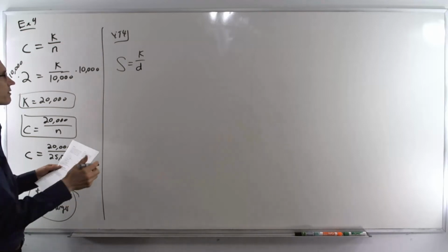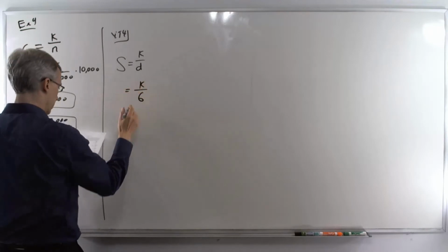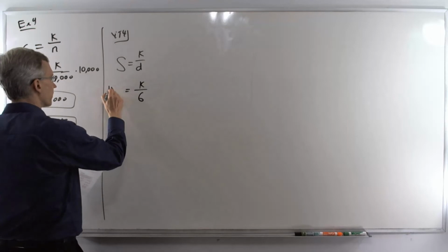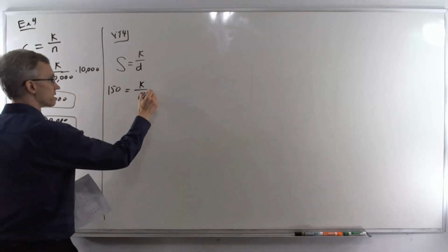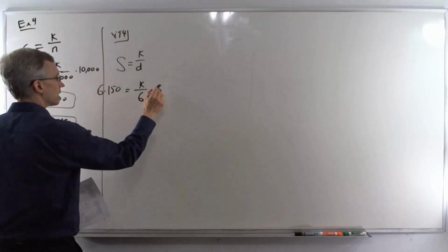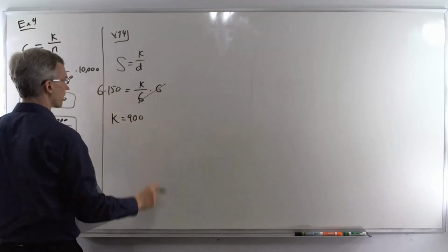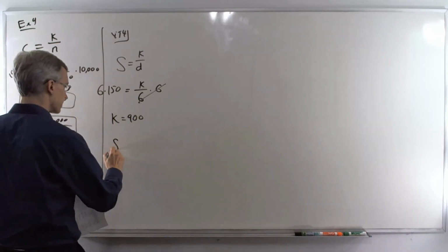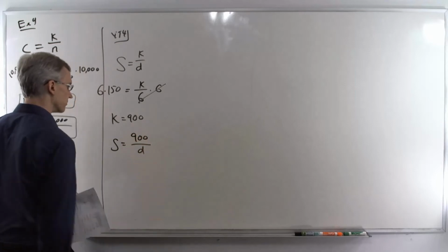All right, we've got a diameter of 6 inches, so that's going to go in for D. And the pulley turns at, the speed, S, is 150. All right, now we'll solve this by multiplying both sides by 6. That gets rid of those. So we've got a constant of variation of 900. So our equation becomes S equals 900 over D.